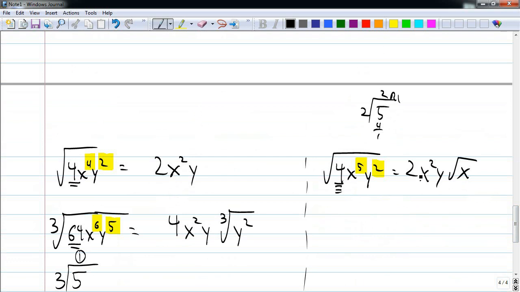Okay, let's do one more, and then we will call it a day. Do the 4th root of 16x to the 4th y to the 9th. Okay, so what times itself 4 times is 16? That's 2.